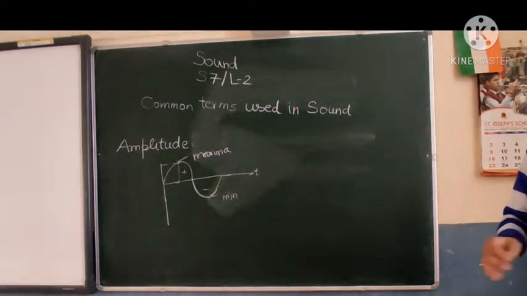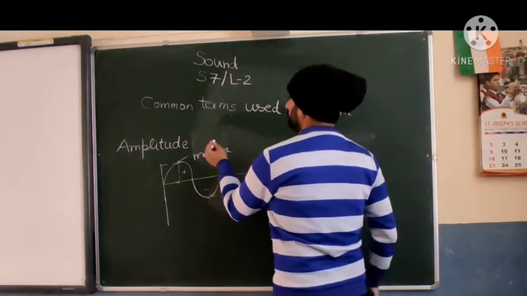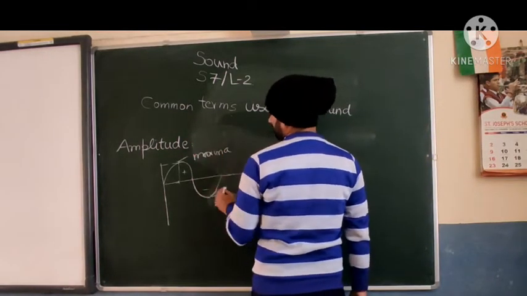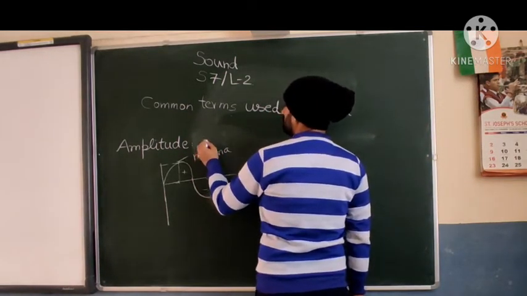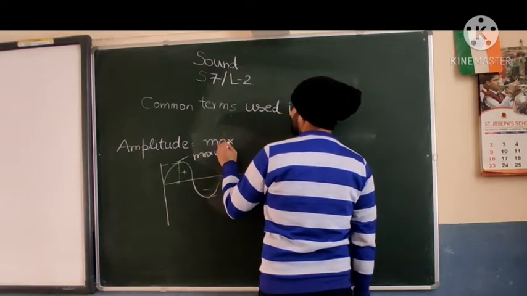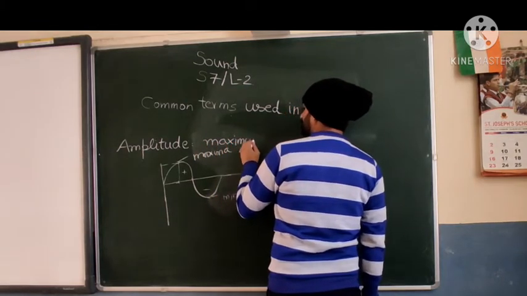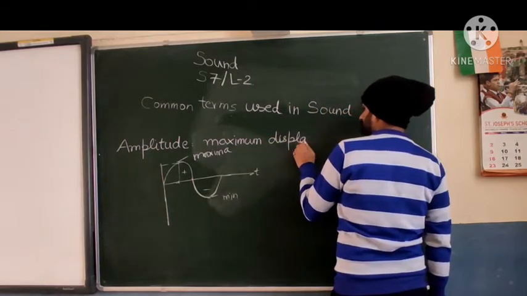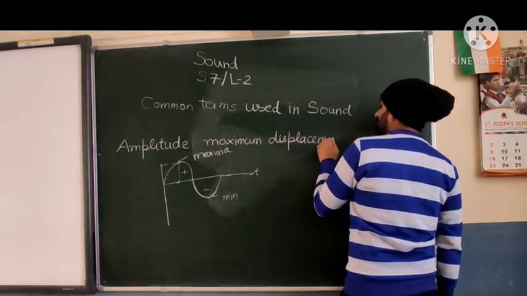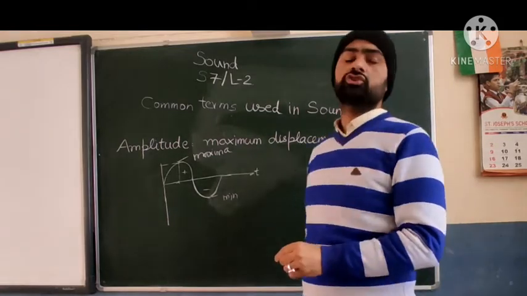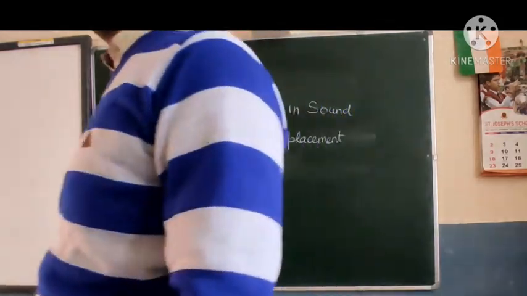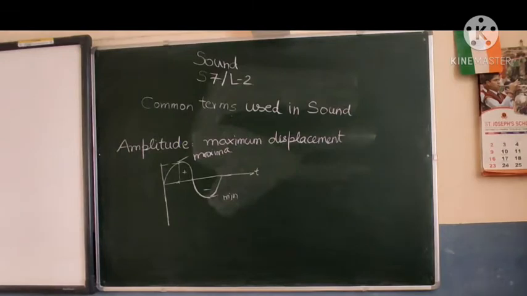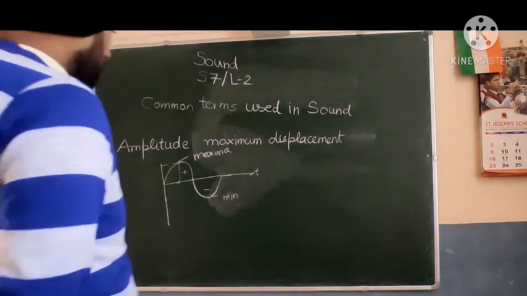In the case of the tuning fork, with the help of this amplitude, you always have to learn one term called maximum displacement. That means there has to be a mean position, and from that mean position, the maximum displacement is called amplitude.